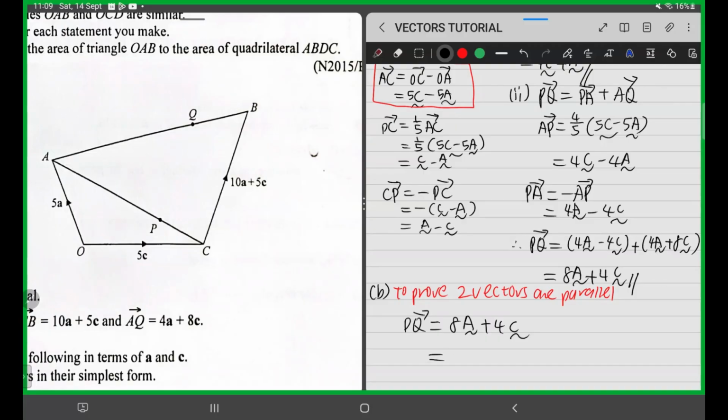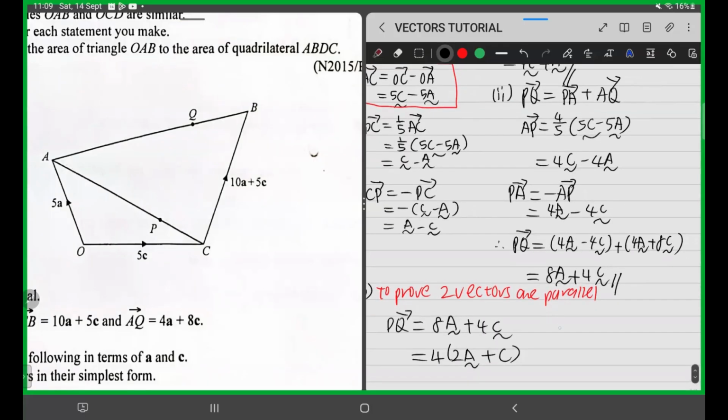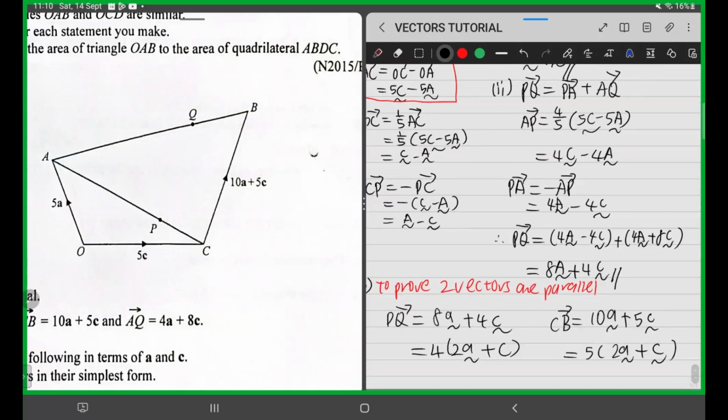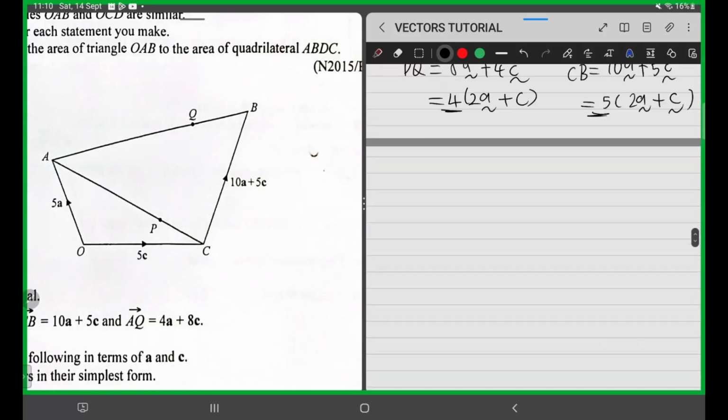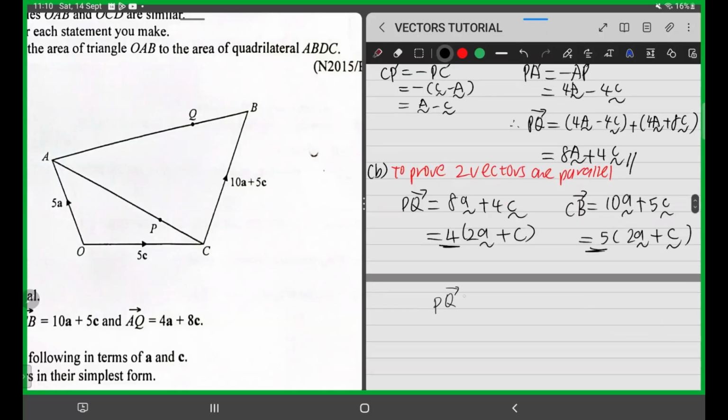Which gives us, if we factorize out the 4, 2A plus C. And likewise for CB, we get 10A plus 5C. Then if we factorize out the 5, we get 2a plus C. So we can say that PQ is just 4 out of 5 of CB.